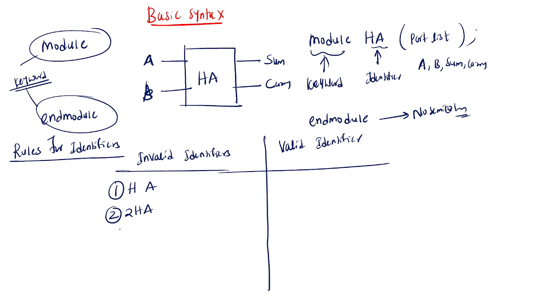The compiler will not take 2HA and 2H space A, and next dollar HA, and next H hash A. This will not take.